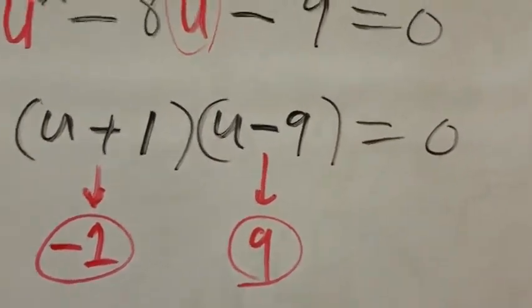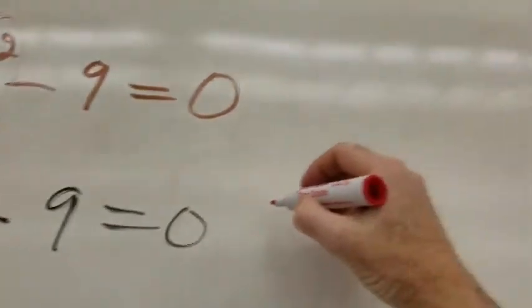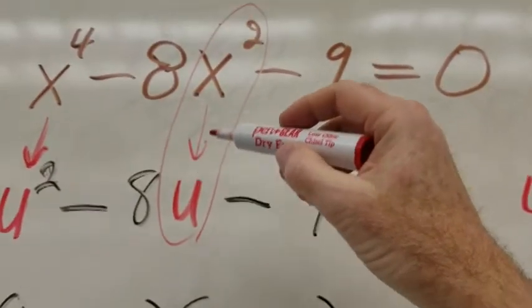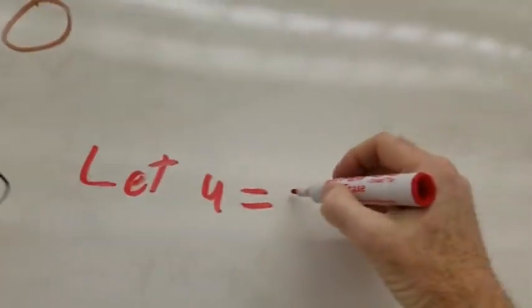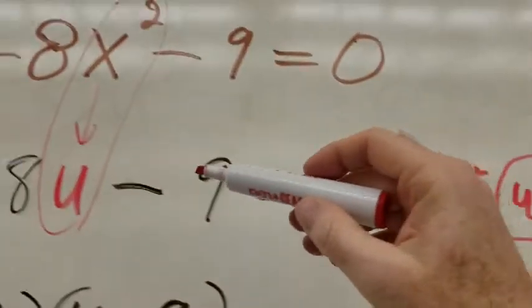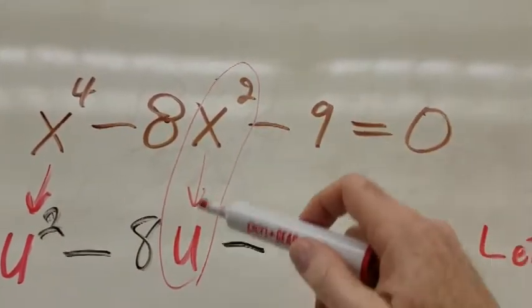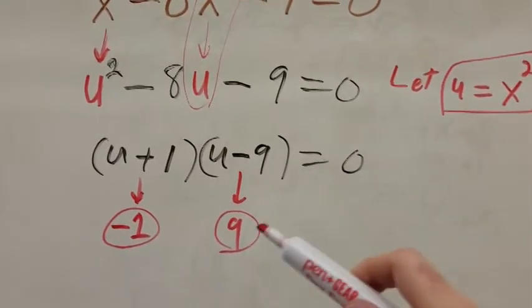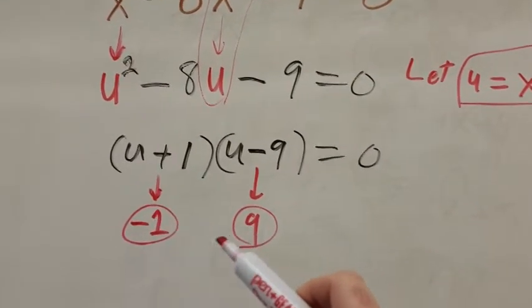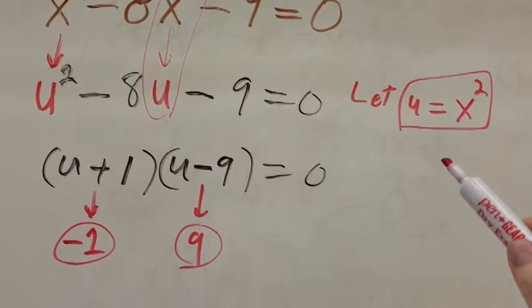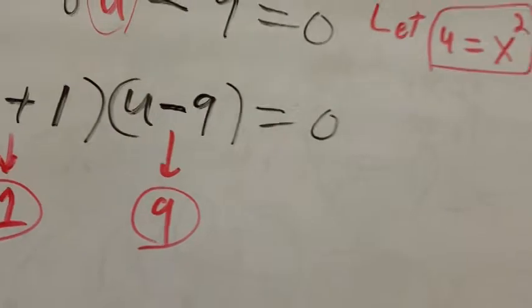And I know that I've let U equal x squared. See, that's what my U equals, because it's pointing to it right here. So since U equals x squared, I have a value for U here, I can use this equation to find the value of x. So let's do that.